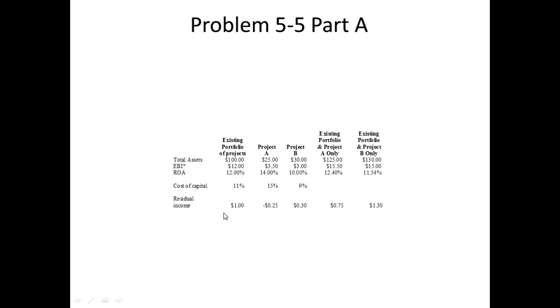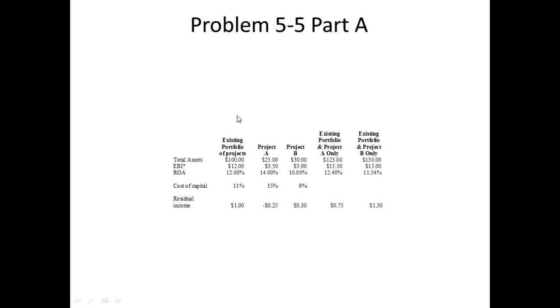The residual income, once you look at residual income, however, you'll see that project A does not add to the residual income of her subsidiary. Project B does. So using residual income as an evaluation metric, you'll get a completely different decision from Zhang than you would if she was evaluated using ROA.